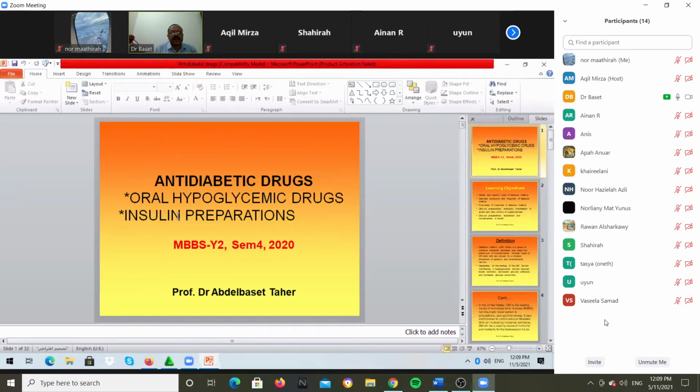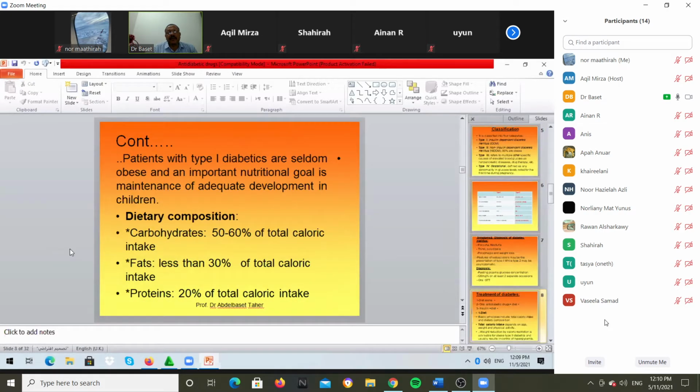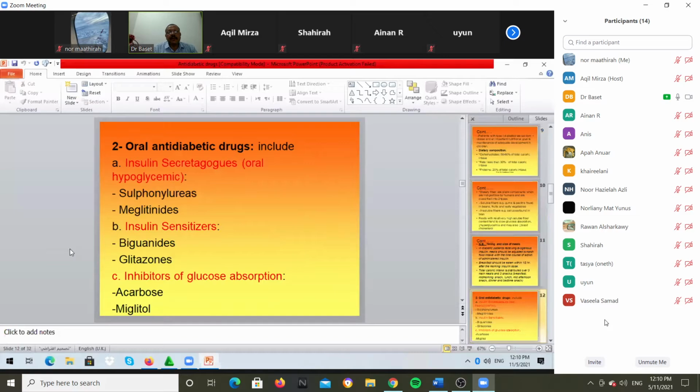Insulin is the same, no change in naming, but here we will write oral anti-diabetic drugs. One of them is oral hypoglycemic, which is the insulin secretagogue. Number two, insulin sensitizers. Number three, the drugs which inhibit the absorption of glucose. So this may be our oral antidiabetic drugs.